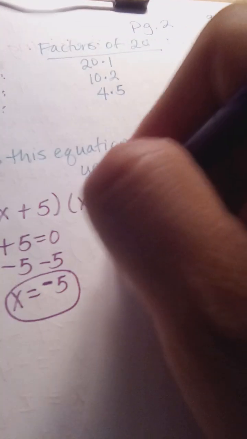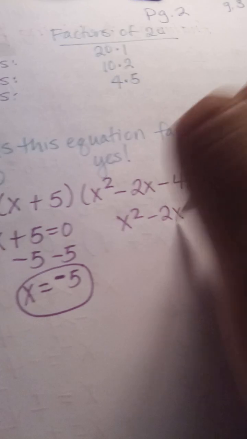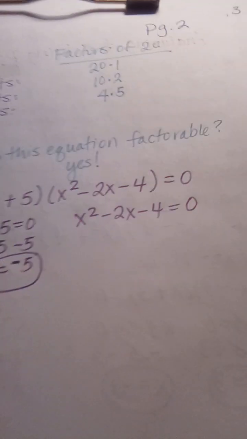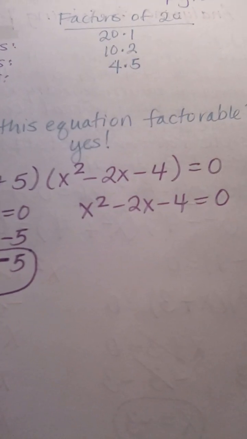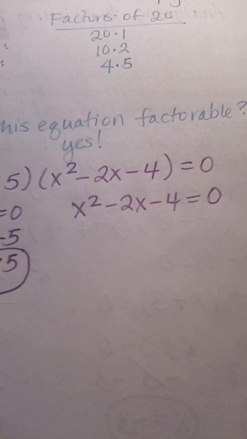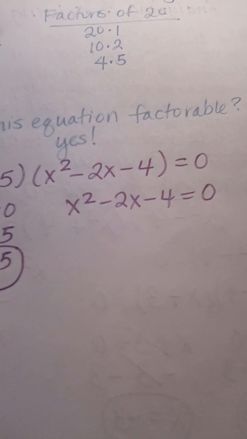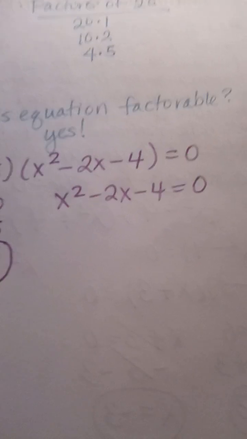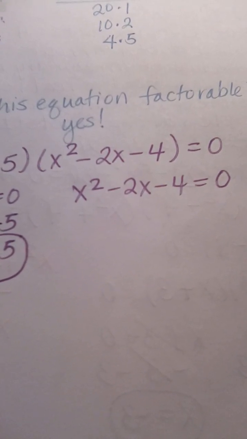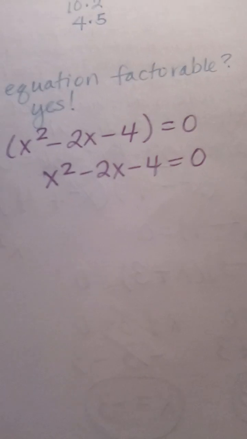Let's move this over. X squared minus 2x minus 4 equals 0. Question. This is the one I'm going to ask you. This is where I want to explain what it is. Is this equation quadratic?